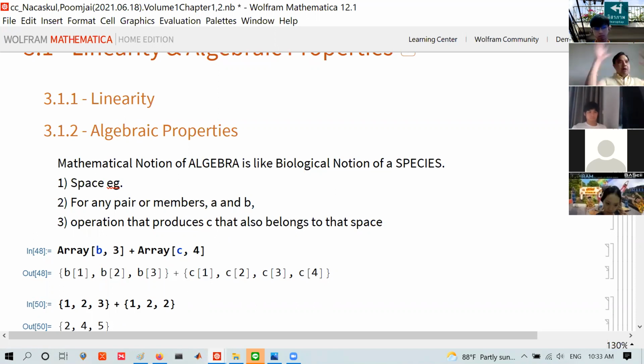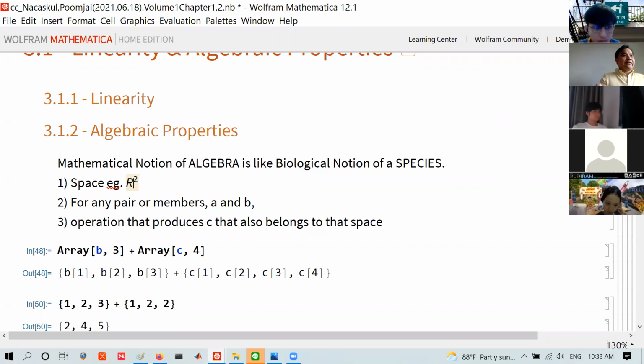So you have population, operation, validity of operation, and the product of that operation. Likewise, I'm going to say that I have a space of R2.